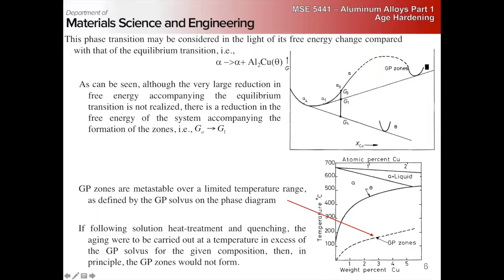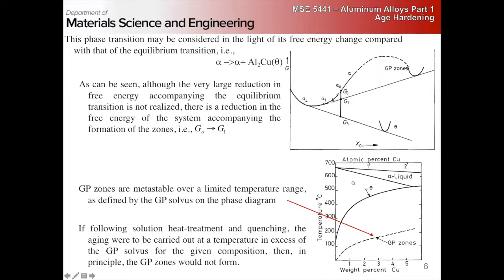So by forming these clusters of copper atoms, we reduce the composition of our alpha matrix, and we reduce over here. This is our free energy drop, the volumetric free energy to be specific. And so, that's sort of what you want to keep in mind.